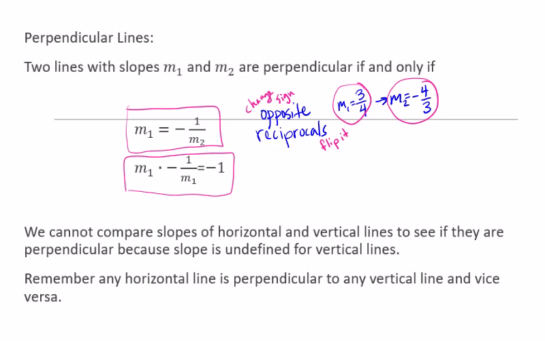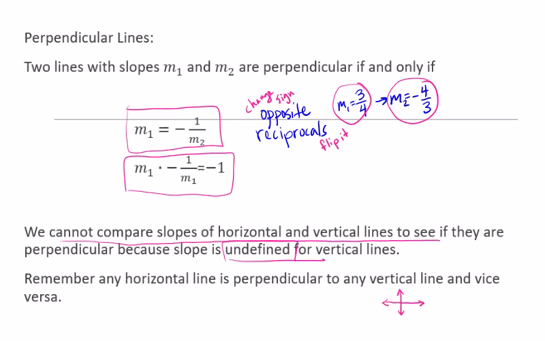Now, going back to what we talked about with vertical lines on the last slide, we cannot compare slopes of horizontal and vertical lines because we have undefined slope for vertical lines. But we know inherently that a vertical line is perpendicular to a horizontal line.